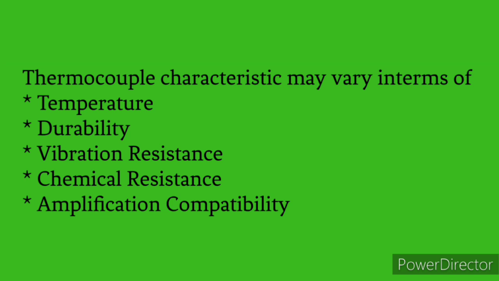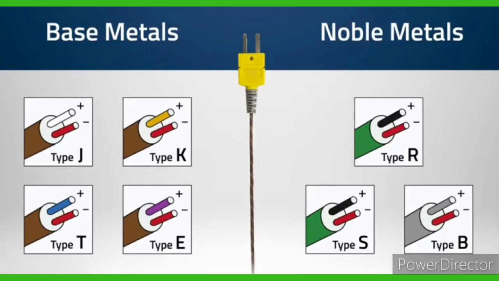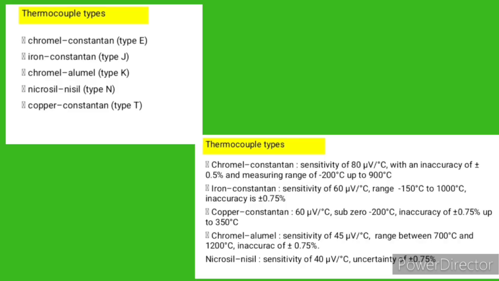Now there are many different types of thermocouples, each with their own unique characteristics in terms of temperature, durability, vibration resistance, chemical resistance, and amplification compatibility. Types J, K, T and E are the base metal thermocouples, and they are the most used thermocouples, whereas types R, S, and B are the noble metal thermocouples, which are often used in extremely high temperature applications. Now let us discuss the types of thermocouple.